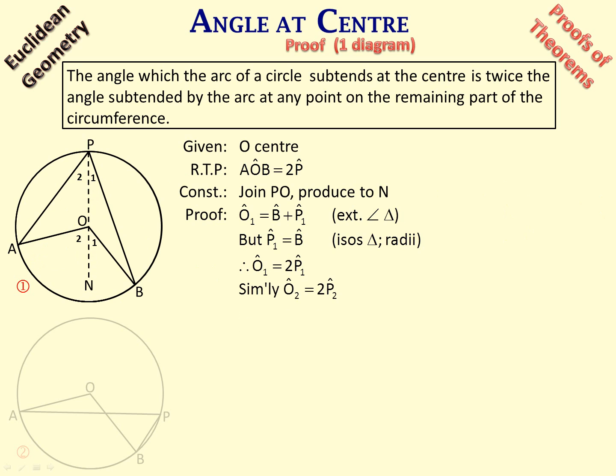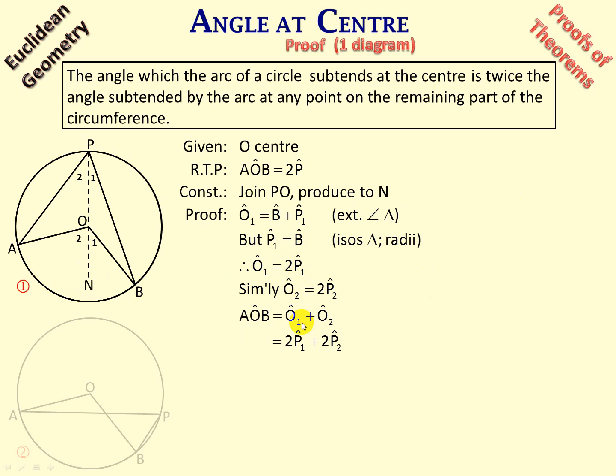Now the same thing is going to happen on this side, and as it's exactly the same thing, we can use similarly, abbreviated to simile. O2 is twice P2. So that is twice that, and that is twice that. So AOB, the angle we're trying to prove equal to twice P, is equal to O1 plus O2, which means it's twice P1 plus twice P2.